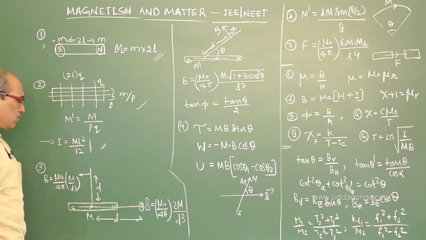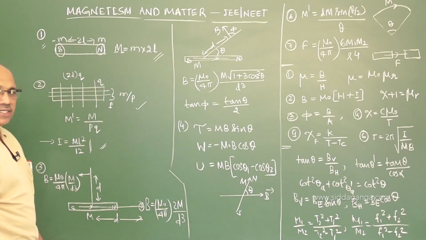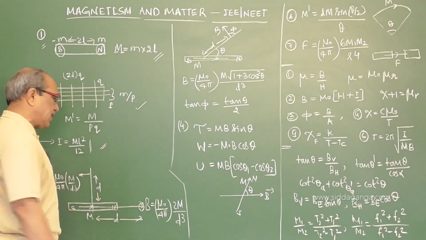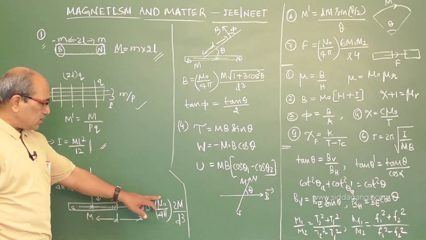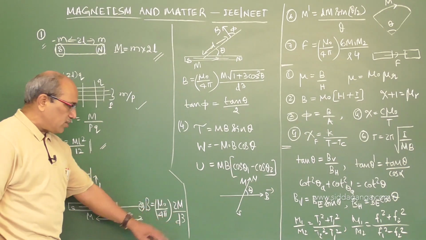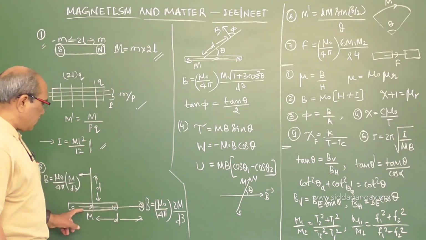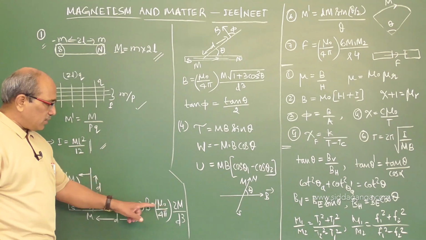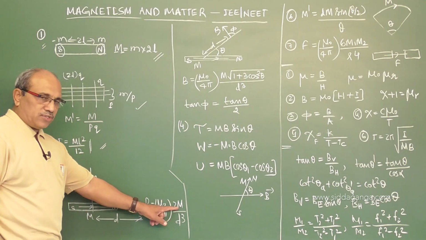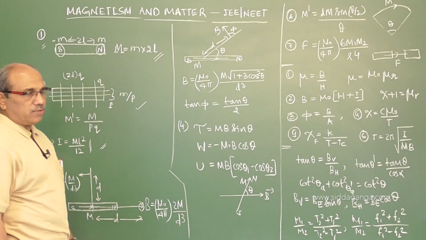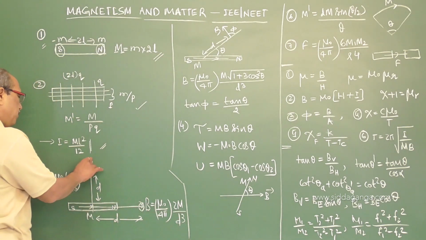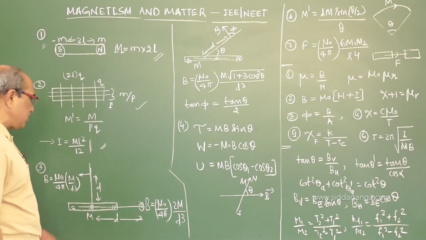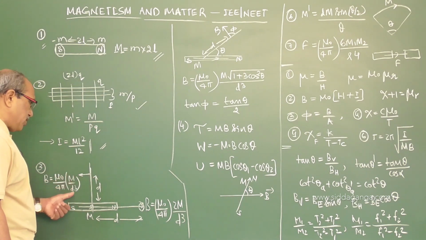We also know the equation for the magnetic field along the axis of a bar magnet at a certain distance d from the center of the magnet. Along the axis, the relation is mu naught upon 4 pi, 2m upon d cube, where m is the magnetic moment. The field exists in the same direction as the moment, directly proportional to m and inversely proportional to the cube of the distance. But on the perpendicular bisector line at distance d, it is m upon d cube.